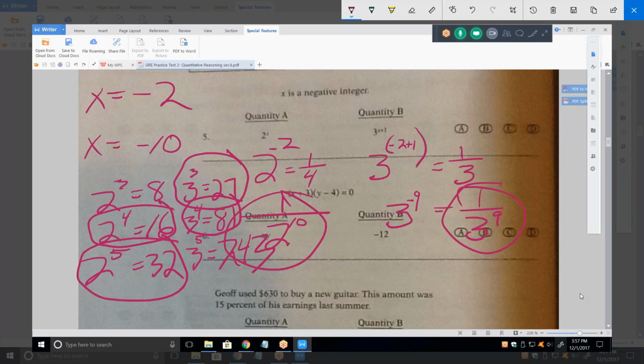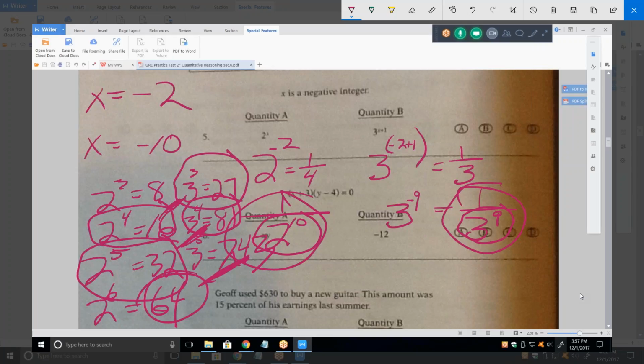And it keeps getting bigger and bigger. 3 to the fifth is bigger than 2 to the sixth, which is 64. Not only is it bigger, but the ratio is getting bigger. That was 1.5 times bigger, that was more than 2 times bigger, this is almost 4 times bigger. So there's no question that 3 to the 9th is a bigger number than 2 to the 10th. Probably by a lot.